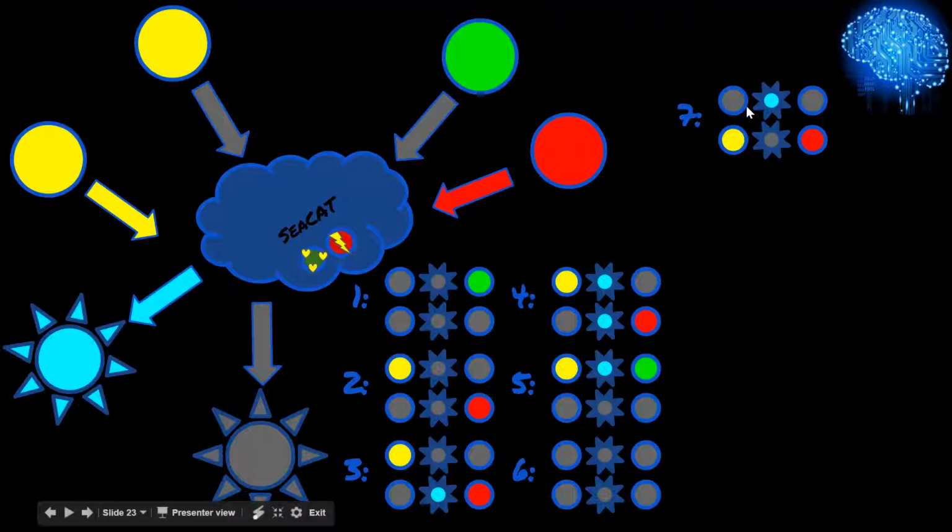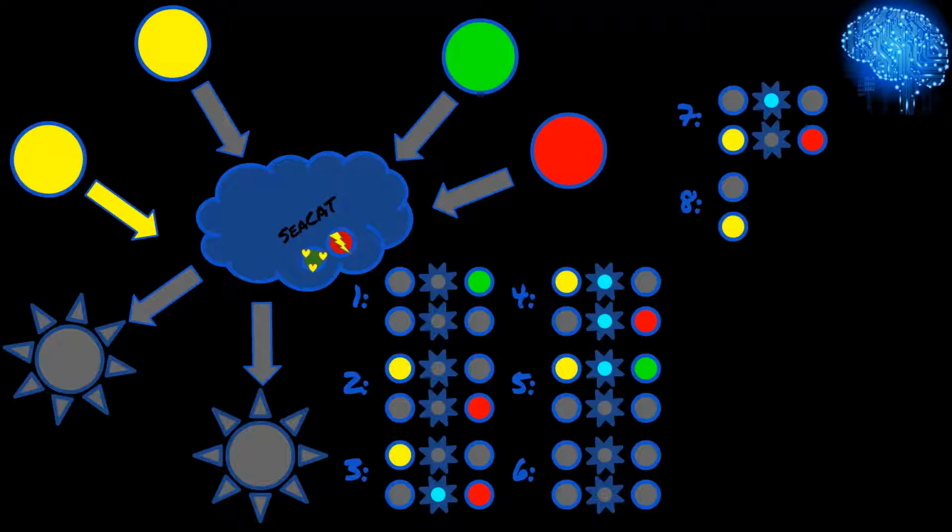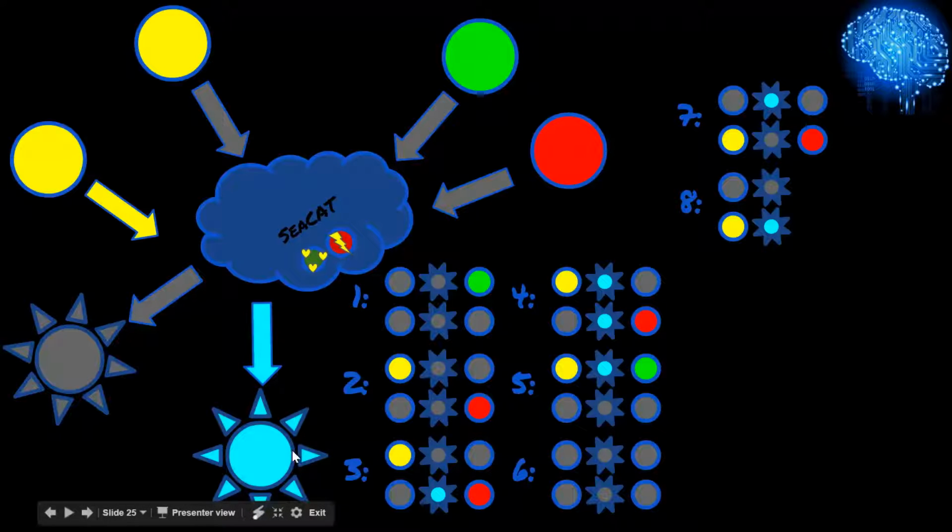So we punish it because it pressed the wrong button, right? We keep the button held down, and it turns on the correct light. It turns on the light and we reward it.